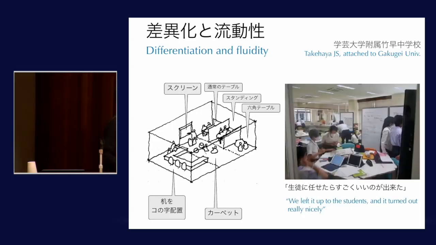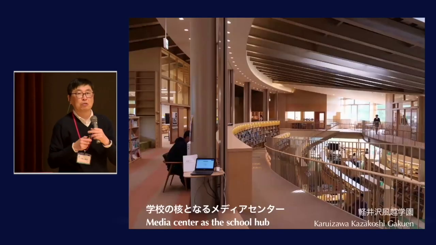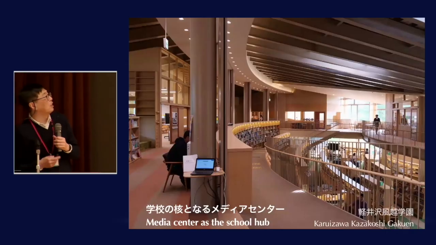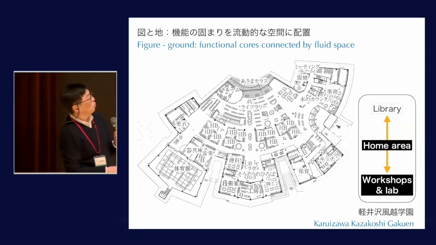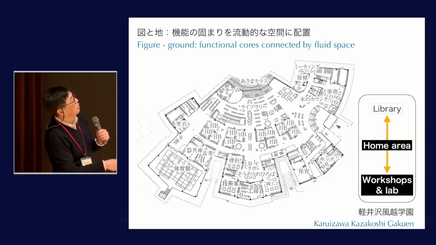This is Karuizawa Kazakoshi Gakuen, and this is a huge media center. It is in the center, and from the center, the media center and library connect to the other areas. This area is a homeroom, and science, skills, or workshop areas are here.